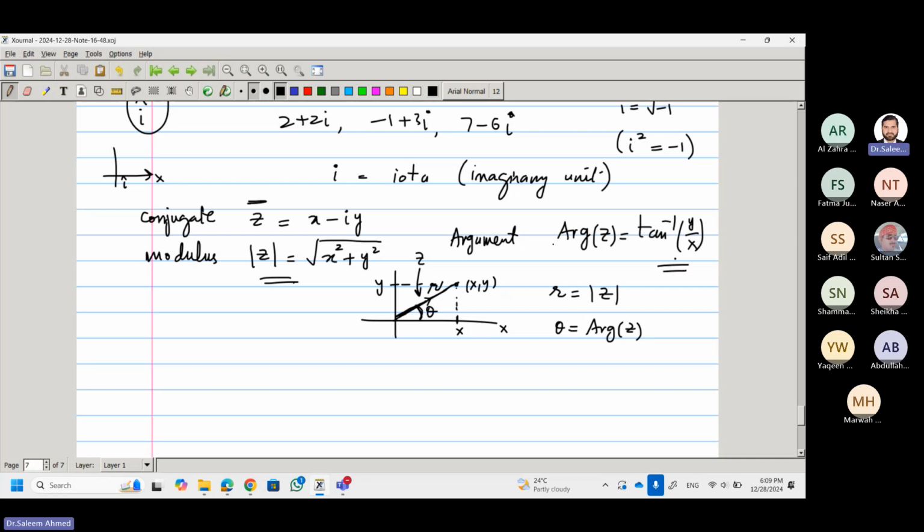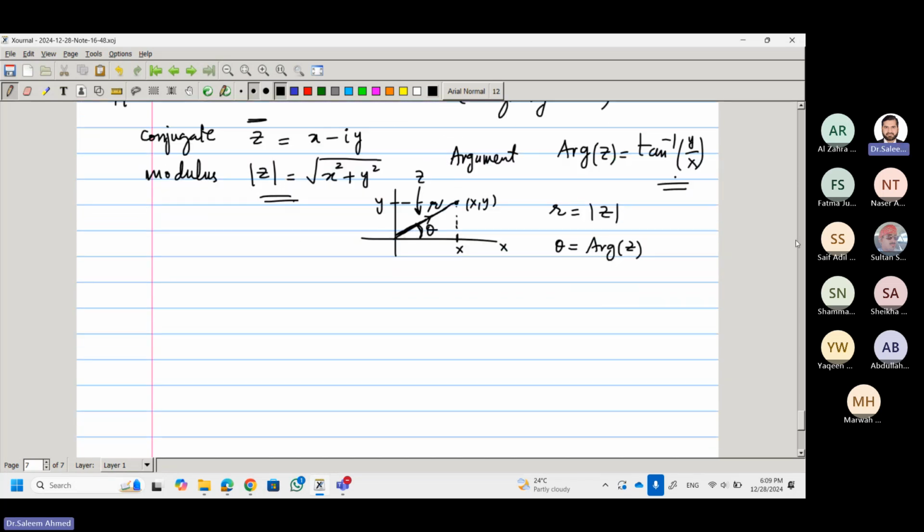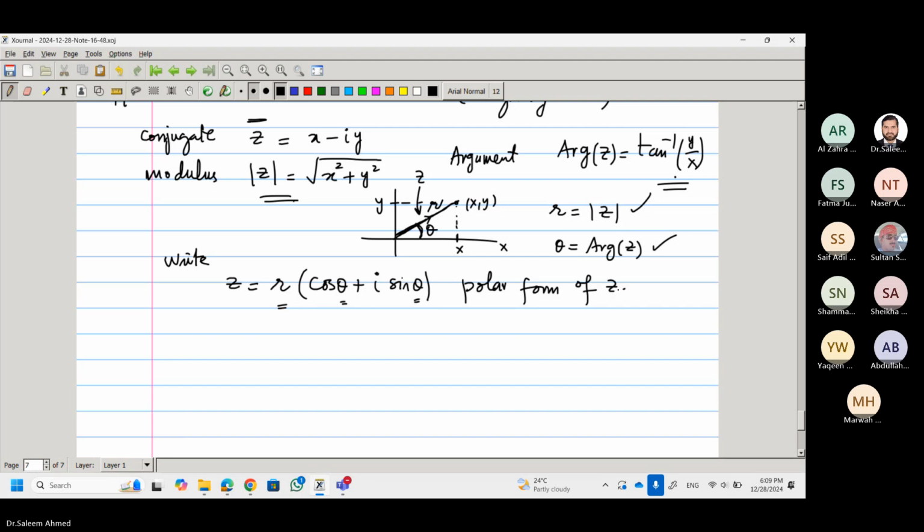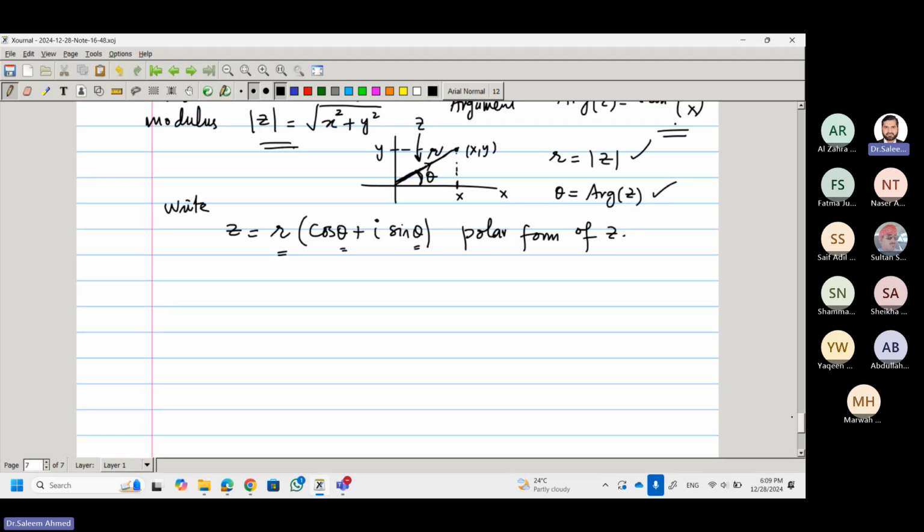Once you have r and theta, z can also be written as r cos theta plus iota sine theta. This is called the polar form of z. So it's very easy to find the polar form of z. You just have to find r and theta.